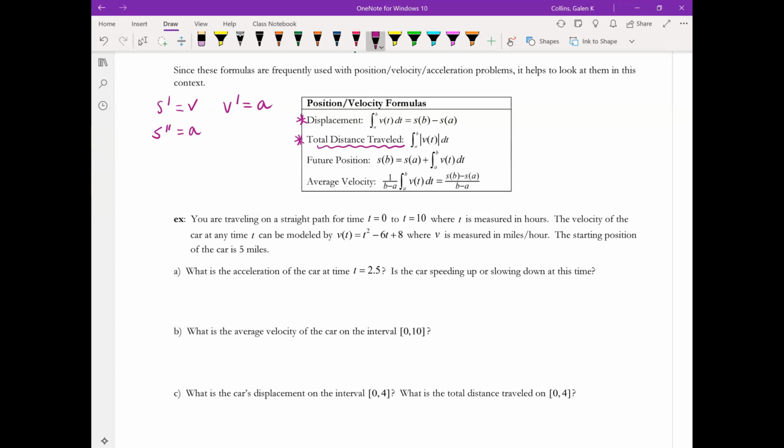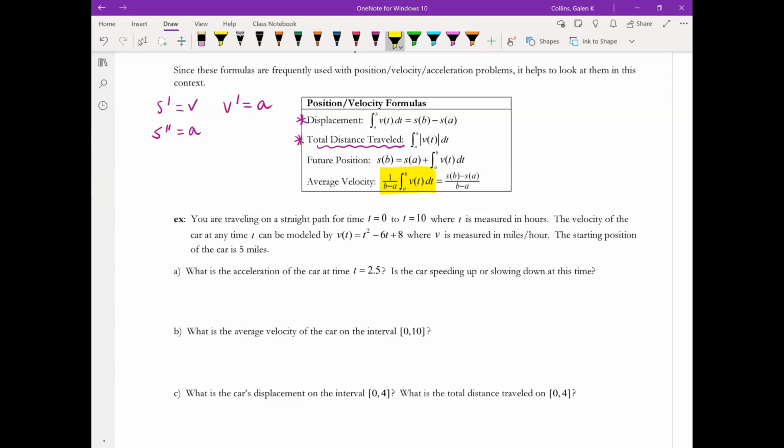And then average velocity. I mentioned this earlier in the last example. Since velocity is the rate of change of position, we could find average velocity by integrating velocity and dividing by the difference in our limits of integration. That's what we did at the very first example at the start of the first video.